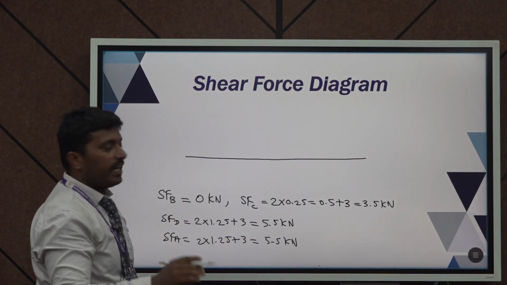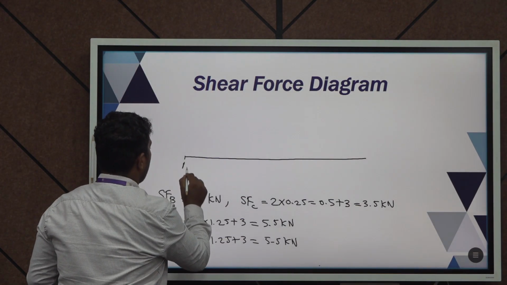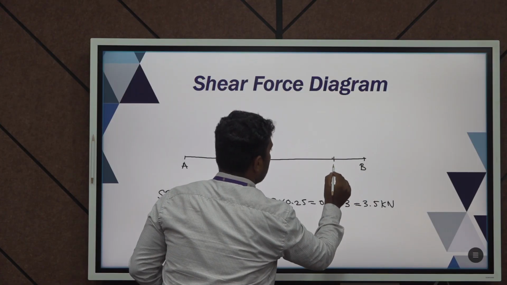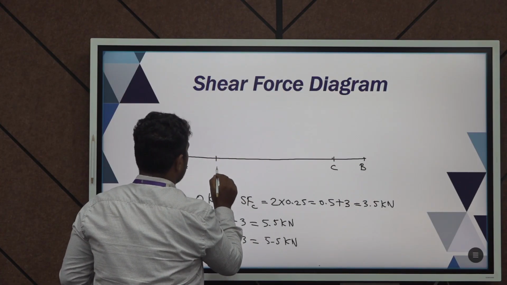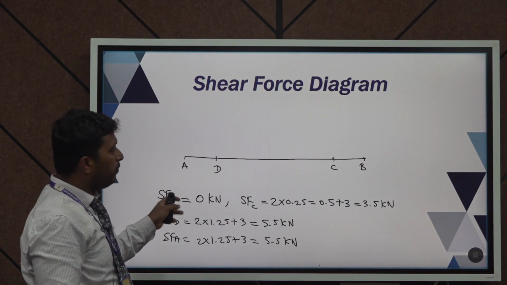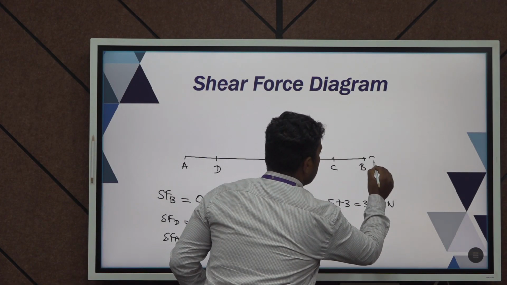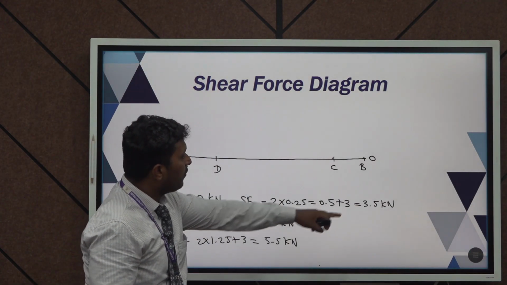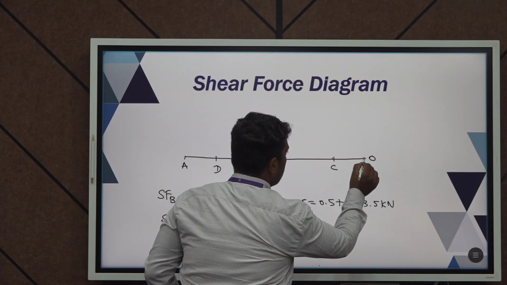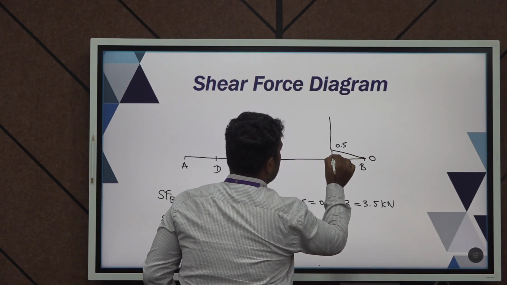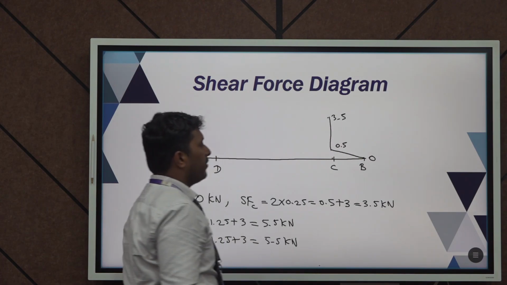Draw a straight line, mark all the points A, B, C and D. So, shear force at point B 0 kilonewton, shear force at C 3.5. So, initially 0.5 then 3.5.